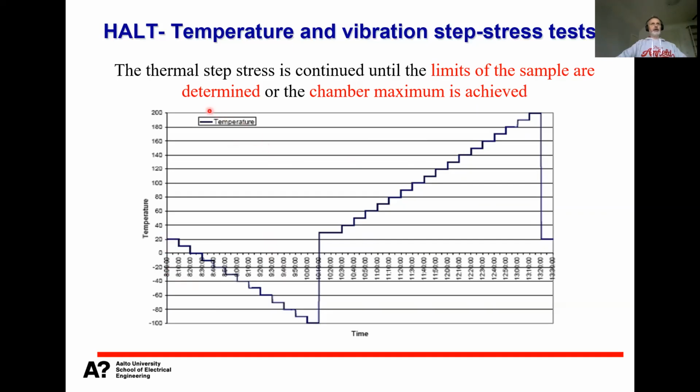So for example, here, this is coming again from the Hobbs company. They have a specific type of temperature system, so you can go from -100 degrees centigrade up to +200 degrees centigrade. So these are extreme temperatures from the thermal cycling or shock point of view. You need specific tools, and I will come back to how you can achieve these very, very low temperatures and very high temperatures.